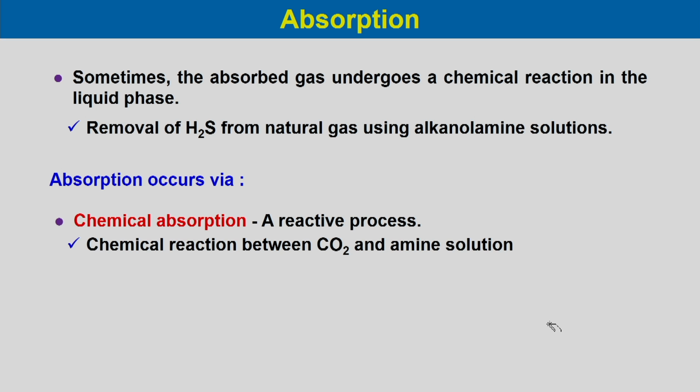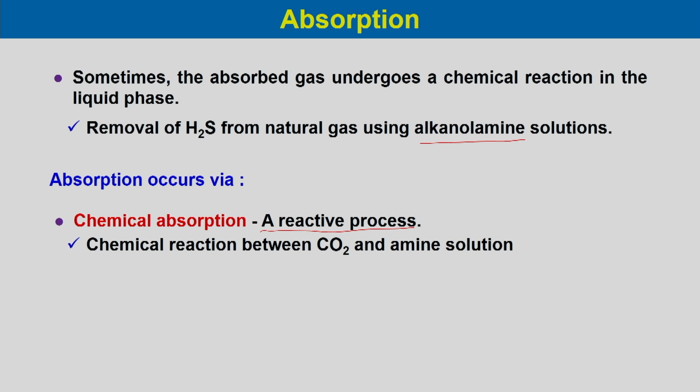Absorption occurs via two processes. One is called chemical absorption, a reactive process. Like with hydrogen sulfide, similarly we can remove carbon dioxide using alkaline or alkanolamine solutions, as we discussed before.